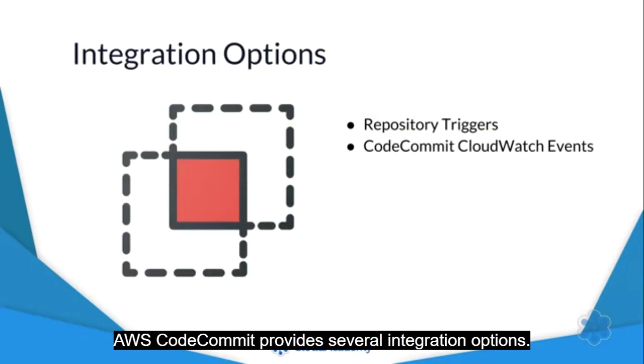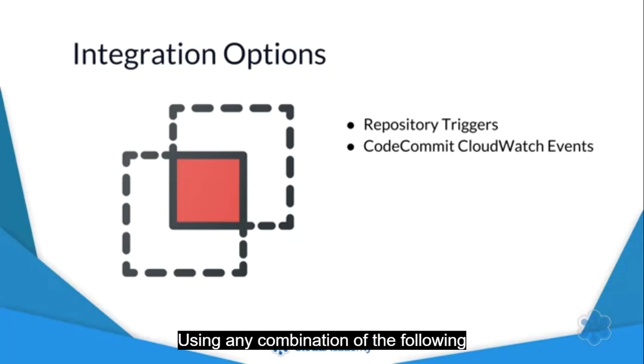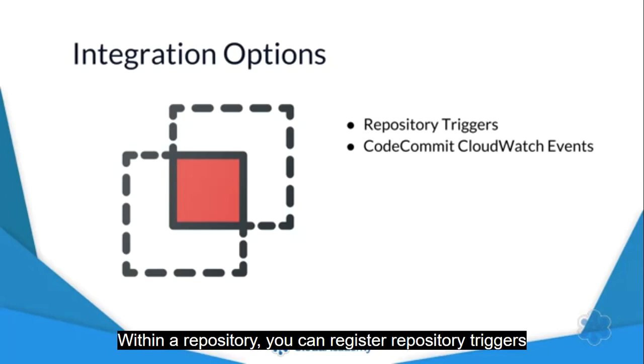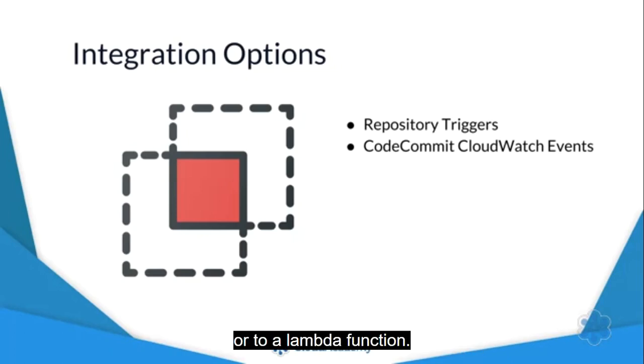AWS CodeCommit provides several integration options. Using any combination of the following allows you to extend and customize your source code workflow. Repository triggers. Within a repository, you can register repository triggers to trigger actions, for example, sending a message to an SNS topic or to a Lambda function.